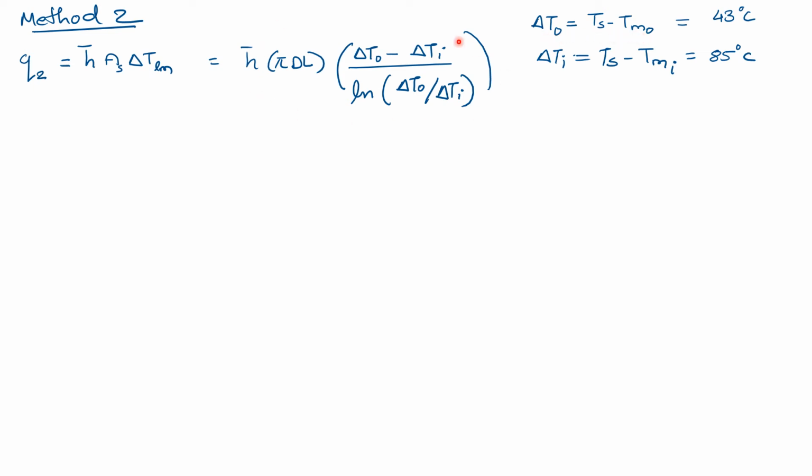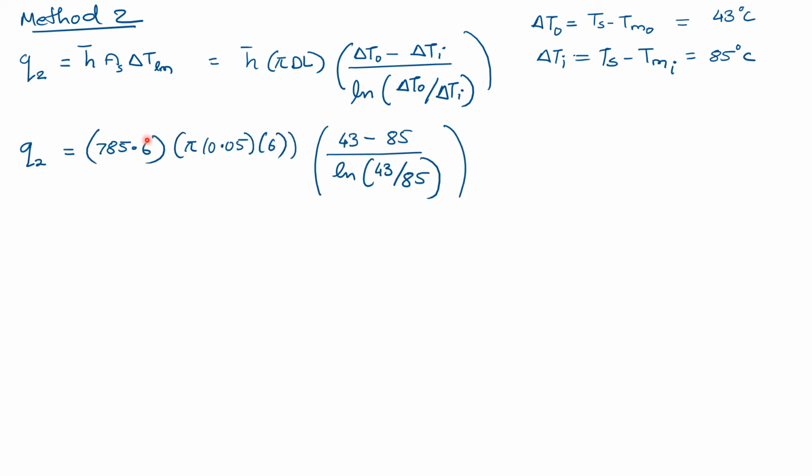Usually you use this value when you have a bunch of different heat transfer modes, or you have different thermal resistances. That's when you use the LMTD, but we'll apply it in this case and see what we get. So our delta Ti is Ts minus Tmi, which is 85 degrees Celsius.